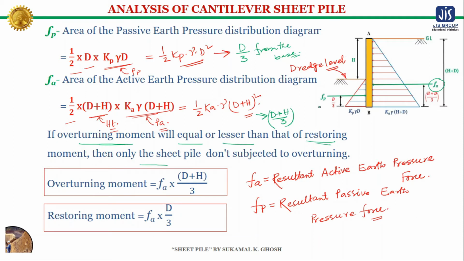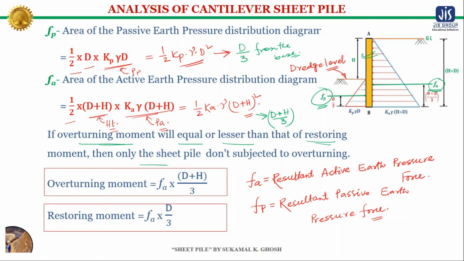But this Fp is trying to restore the position of the sheet pile, right? So this Fa creates a moment which will try to overturn this particular sheet pile. Okay, but this Fp will provide a moment which will try to restore the position of the sheet pile.